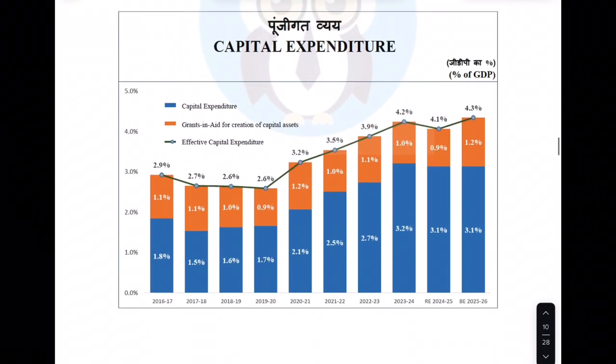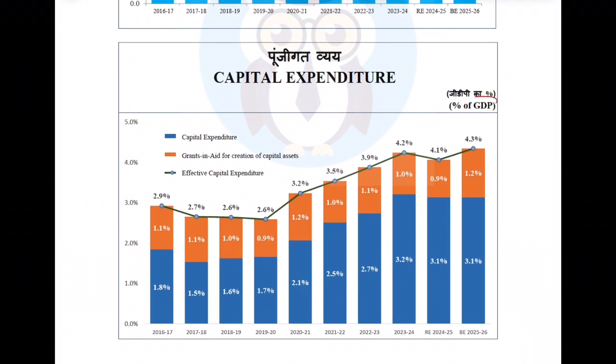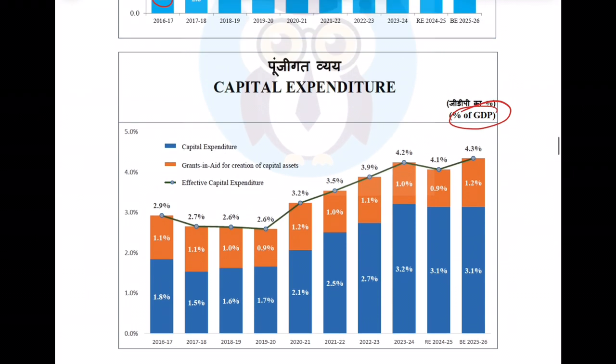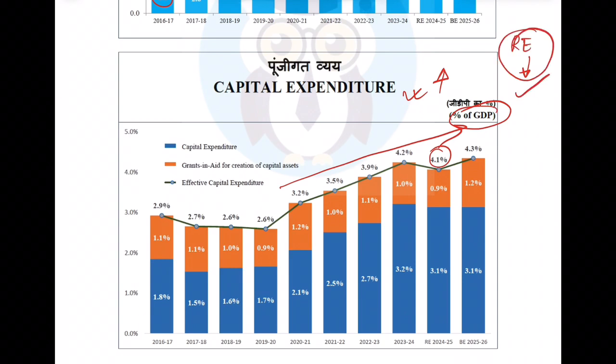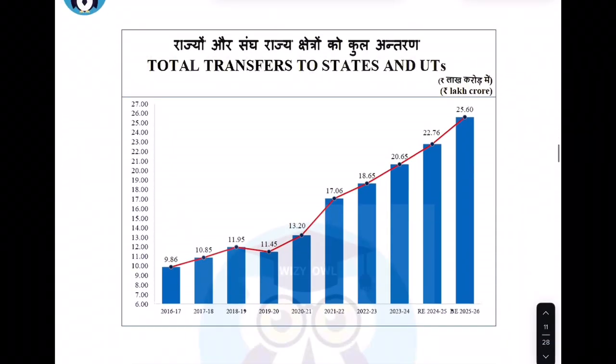And then the capital expenditure as a part of GDP. There was a dip, but there is a general rising trend. So capital expenditure is rising and revenue expenditure is decreasing. So we can say that it is in a positive mode.